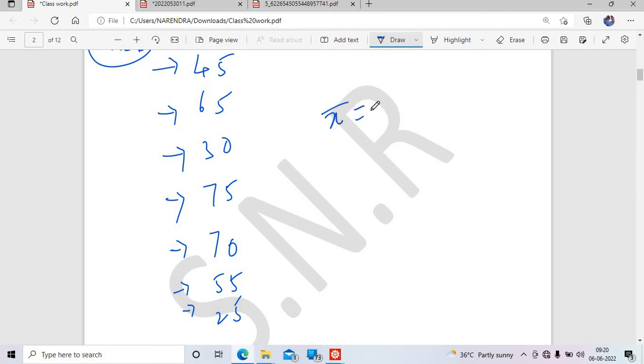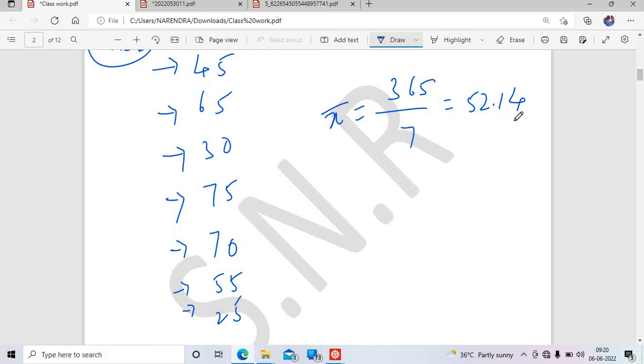First I need to find the mean, x bar. We all know the formula: the sum of values divided by the number of values. I will check the guidelines on whether a calculator is allowed. 45 plus 65 plus 30 plus 75 plus 70 plus 55 plus 25 is 365. 365 divided by 7 is approximately 52.14.